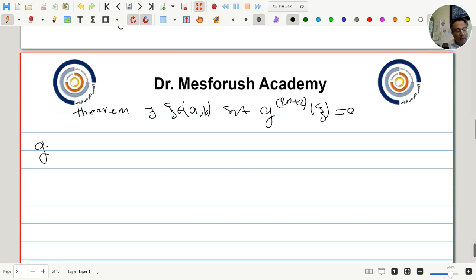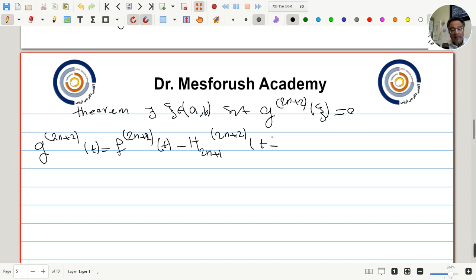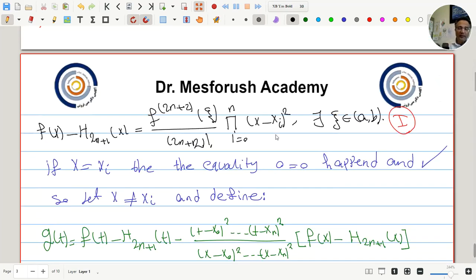Now let me compute the (2n+2)th derivative of g. It will be f^(2n+2) at t minus h_{2n+1}^(2n+2) at t minus, and here if you have a look at this polynomial, you can find a polynomial of degree 2n plus 2.